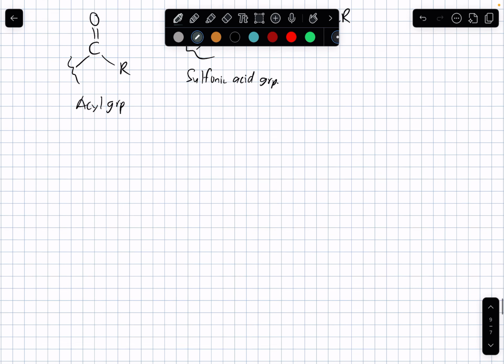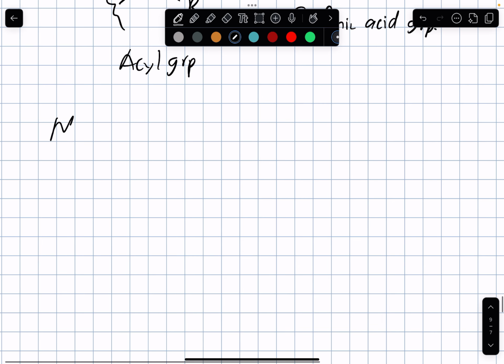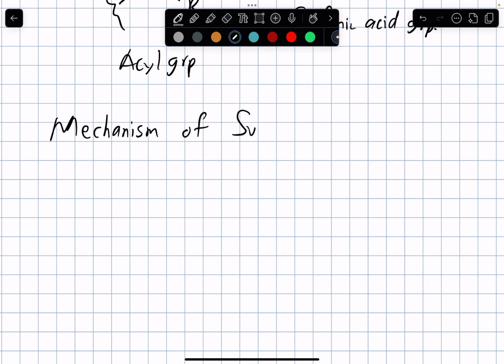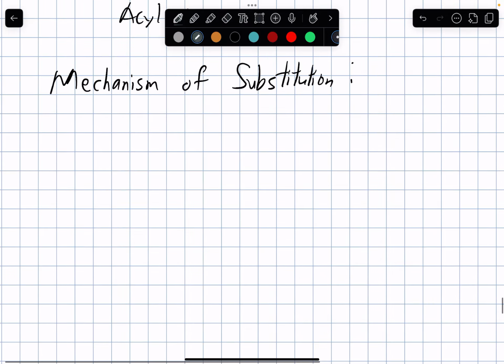Okay. So mechanism of substitution. Regardless of the electrophile you use, all EAS reactions occur by the same two-step mechanism. So the only difference among the reactions is how the electrophile is going to look and how it's going to be generated.